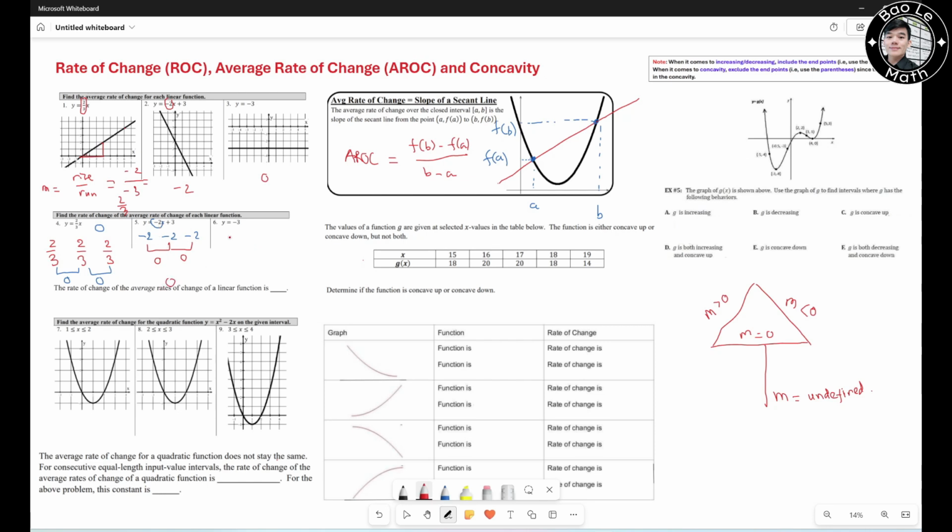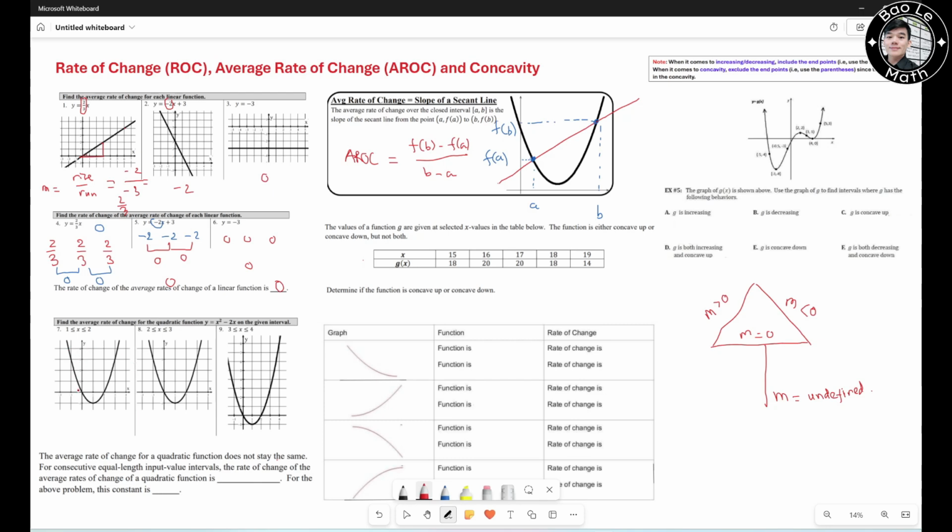Same thing here: 0, 0, 0. So in general, the rate of change of the average rate of change of a linear function is 0. Alright, let's move on to the quadratic function to see the difference.